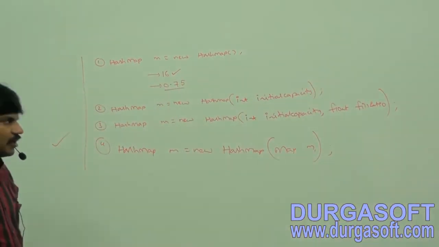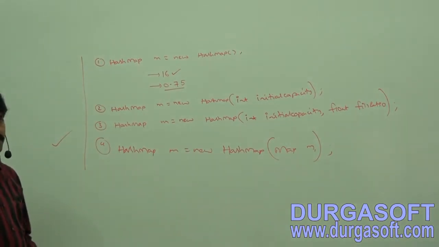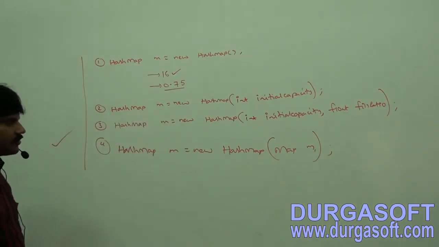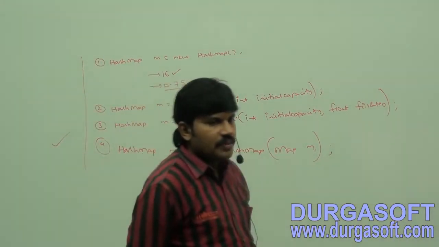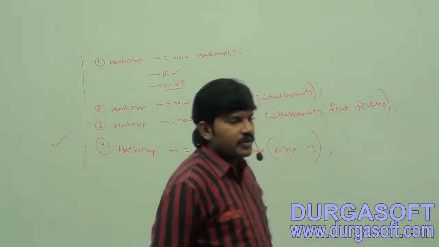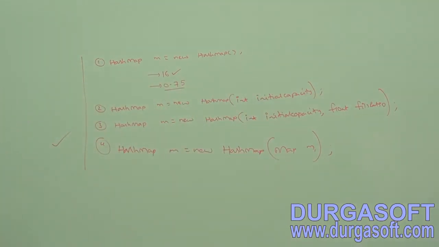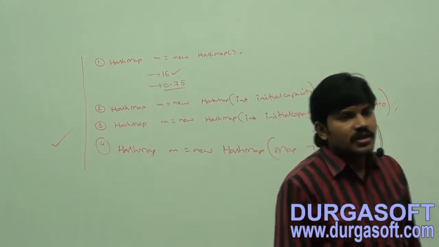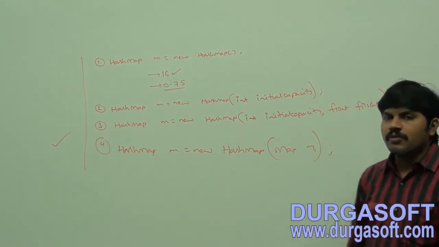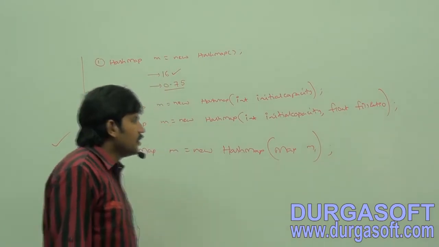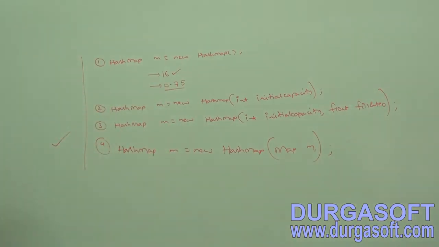It creates an empty HashMap object with the specified initial capacity and the default fill ratio. What is the default fill ratio? 0.75.